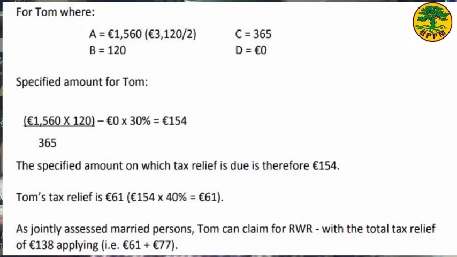The specified amount on which tax relief is due is therefore €154. Tom's tax relief is €61, €154 multiplied by 40% is equal to 61. As jointly assessed married persons, Tom can claim remote working relief with a total tax relief of €138 applying. That is €61 plus €77.